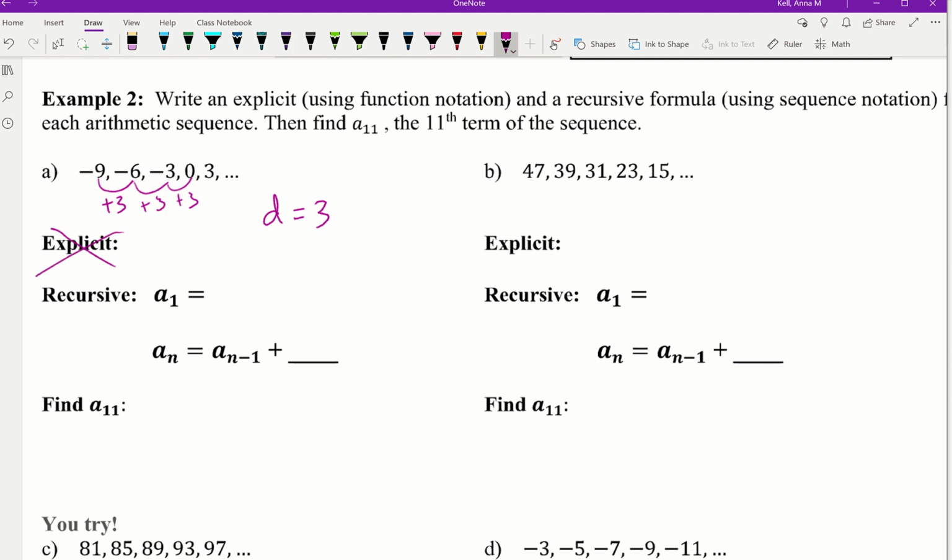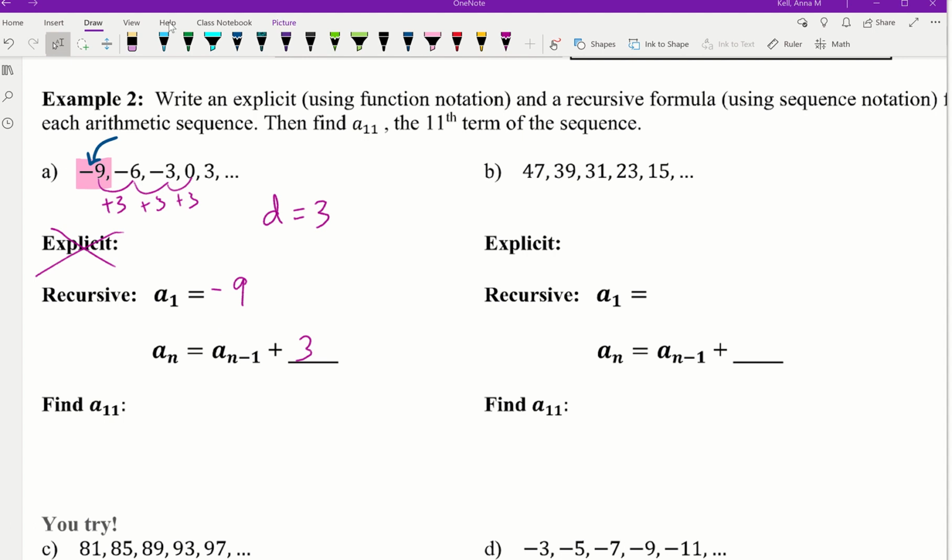So again, I'm not going to worry about explicit at this moment. So I can put a 3 right here. Now I need to find what is my first entry. Well, that's easy. Here I can just look at it. My first entry is this -9. So I'm going to say that A1 is -9, okay?